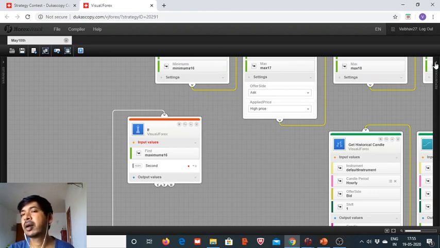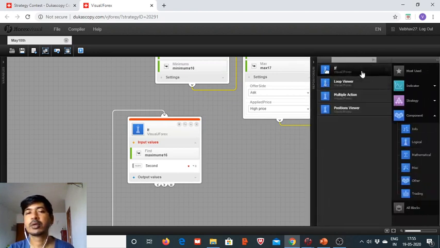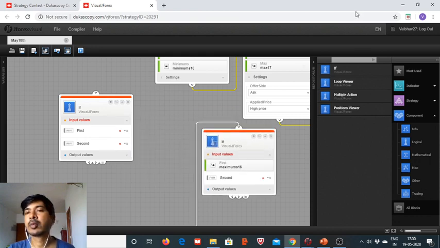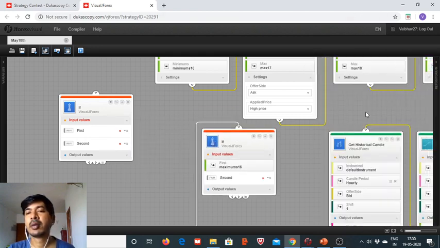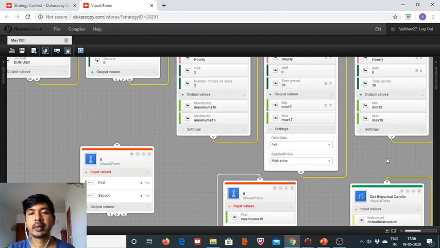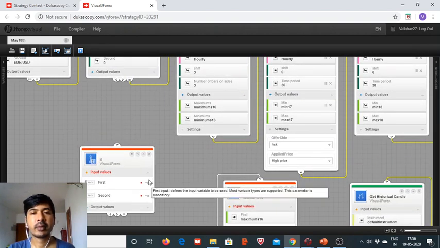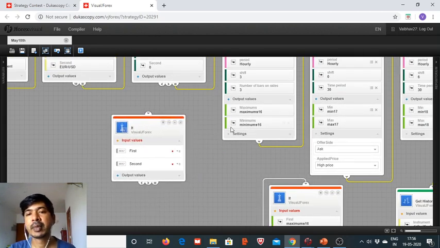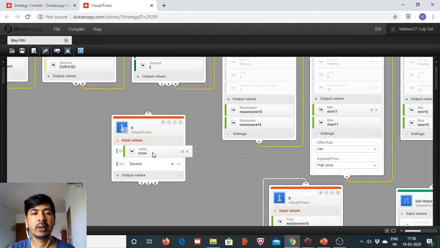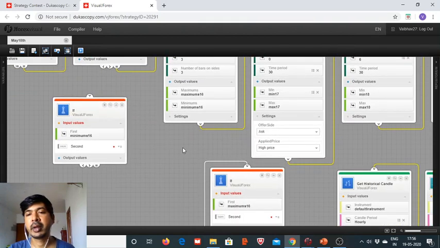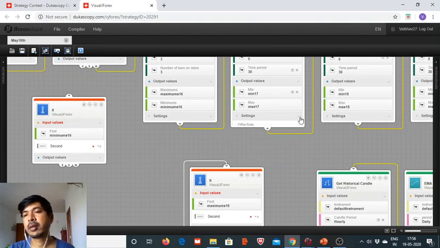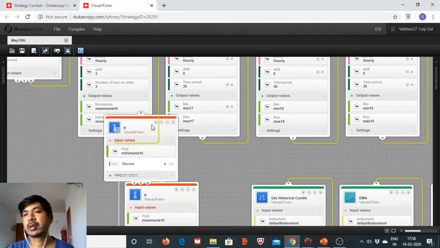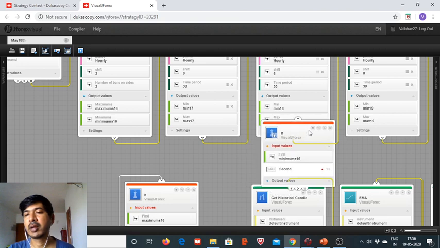For the buy side, we actually want the minimum conditions to be fulfilled, and we will need the current minimum 16 to be greater than the minimum 19, that is current minimum of the last 30 hours.